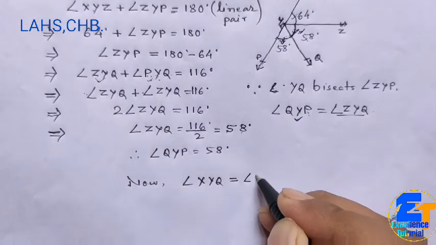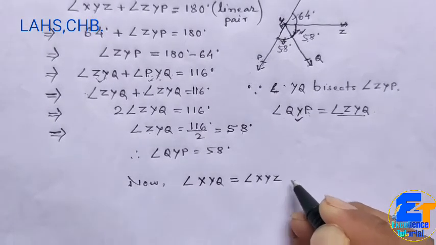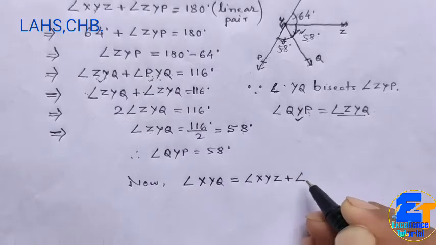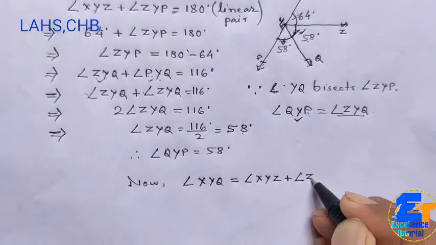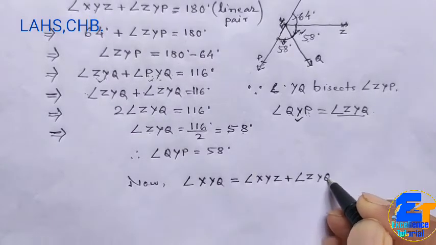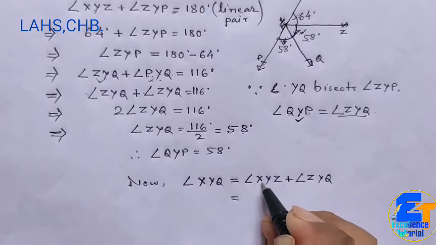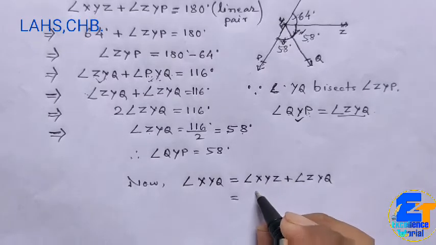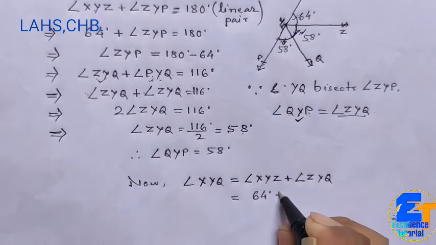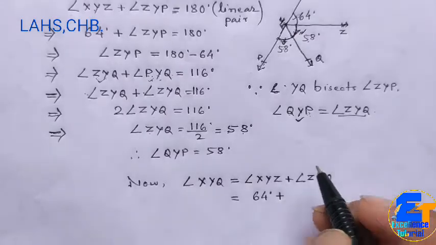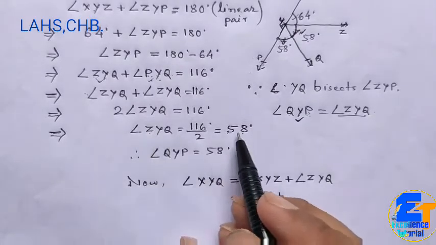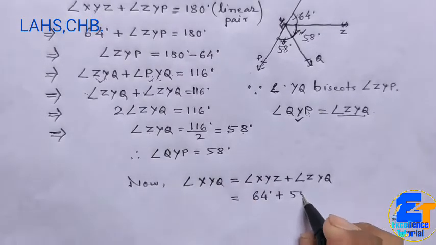Angle XYZ plus angle ZYQ. XYZ is already given in the question as 64 degrees, and we just got angle ZYQ. You can see angle ZYQ is 58 degrees.